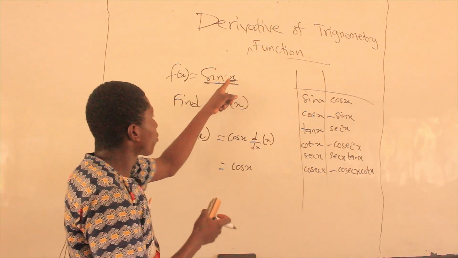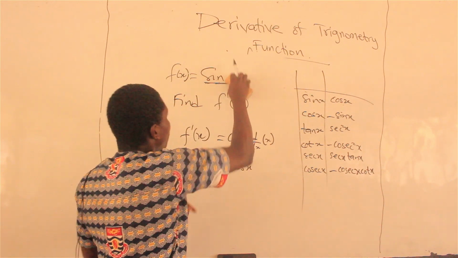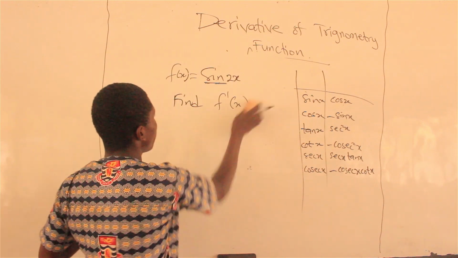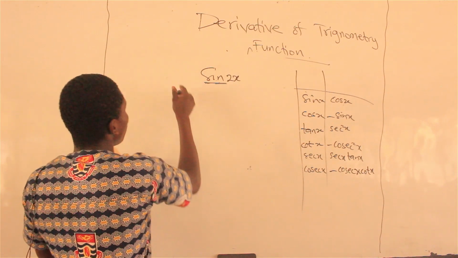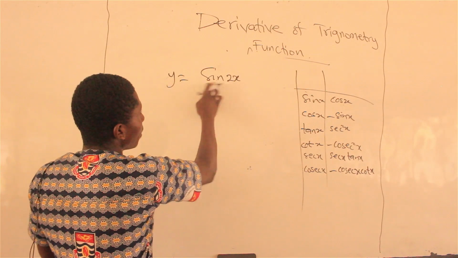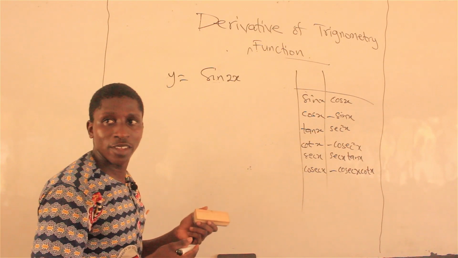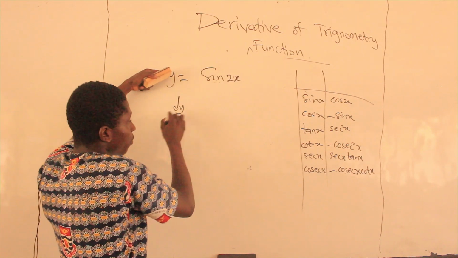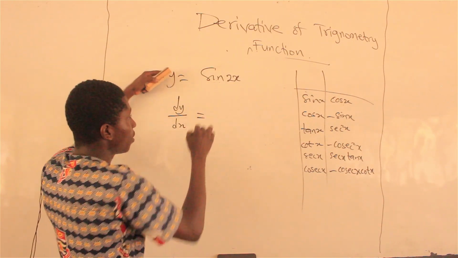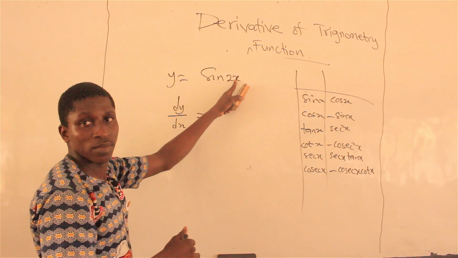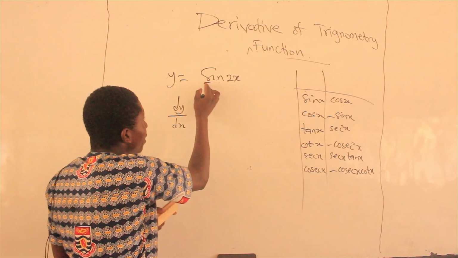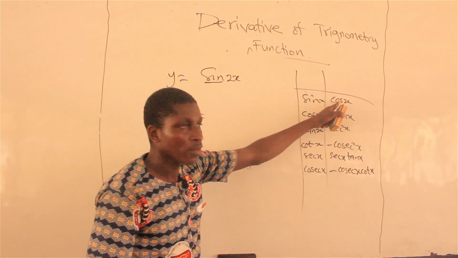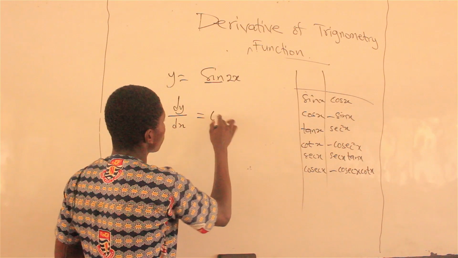Now, assuming here it's not s, let's take 2s. So you have y equal to 2s sine, and we want to differentiate. So you have dy with respect to s, so dy ds. First, you differentiate the function here. So when you differentiate sine, you get cos.